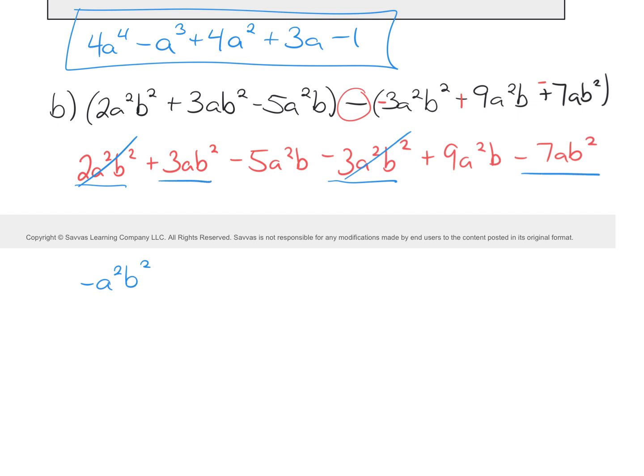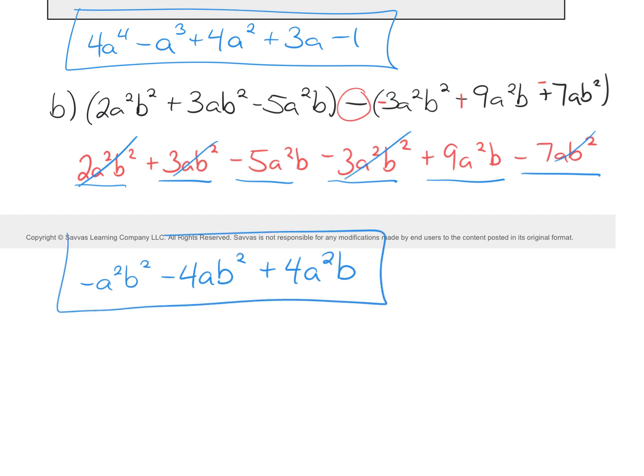Then 3ab squared minus 7ab squared. That'll be negative 4ab squared. And then we have negative 5a squared b plus 9a squared b. Positive 4a squared b. Are we in simplest form? Yes. Do I care about standard form? No.